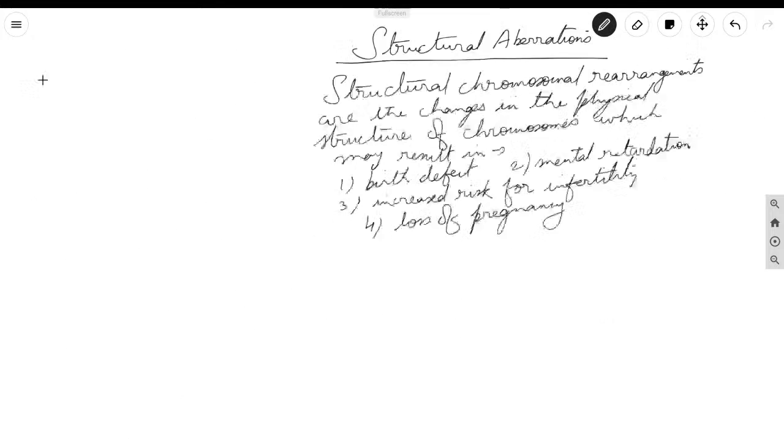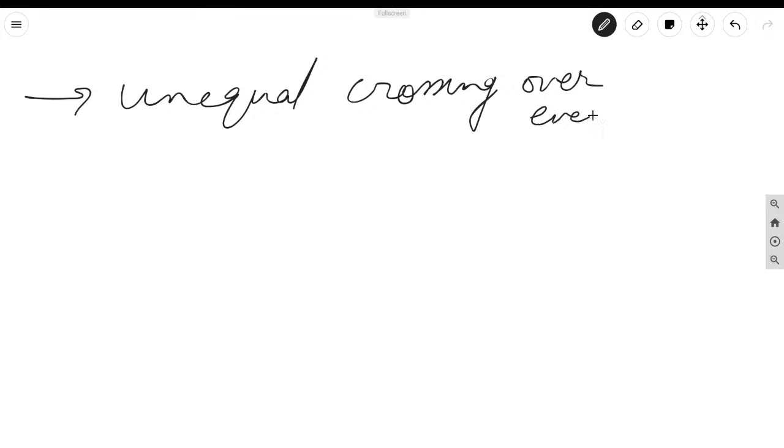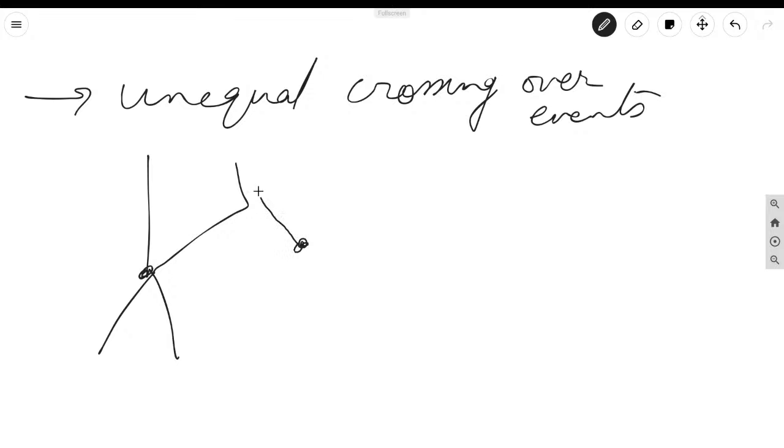So unequal crossing over events could be the true way you can describe it. Because like this and this go for crossing over, it may not go for crossing over like this, it may go like this.